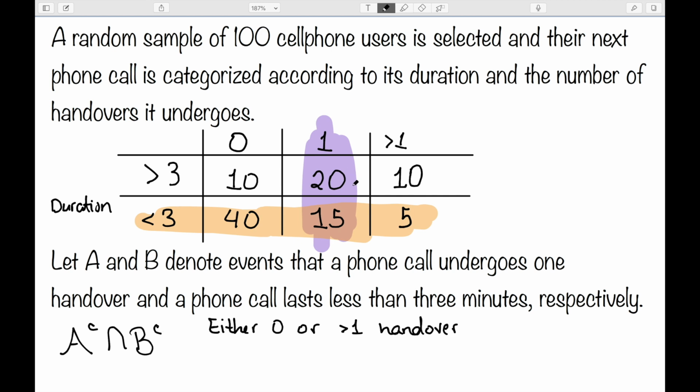B complement, well, B said that it was less than 3 minutes, so the opposite of that would be greater than 3 minutes. And I want to take the intersection of these two, so I need to satisfy not only one, but both of them. So I need to have either 0 or more than one handover and have more than 3 minutes long. So this is exactly what we had talked about before, so this kind of helps us see that De Morgan's laws actually do make sense.